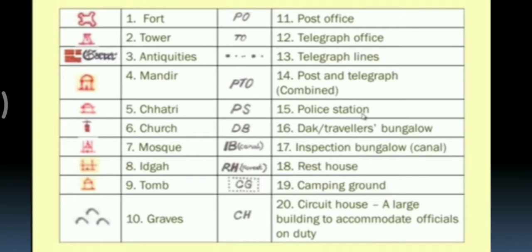PO for post office, TO for telegraph, and dot dot dot, two big dots having two small dots, telegraph lines. PTO, post office and telegraph combined services, where the telegraph now does not exist, it has been closed, but in old topographical maps it had been given.